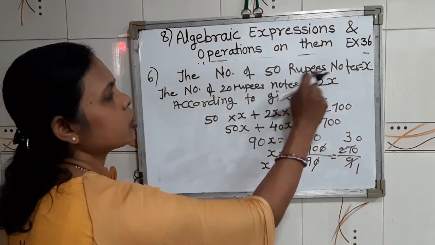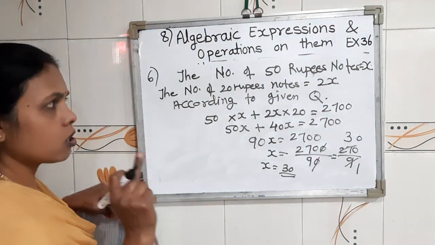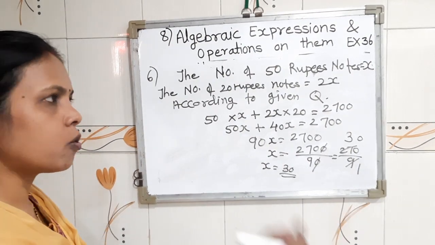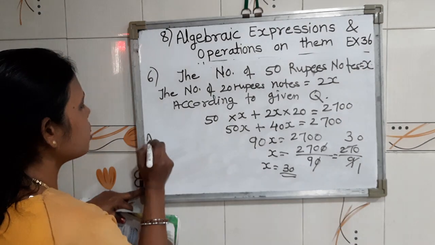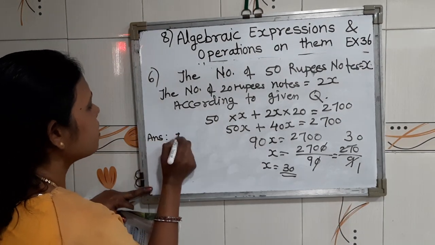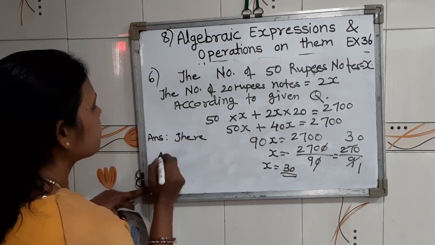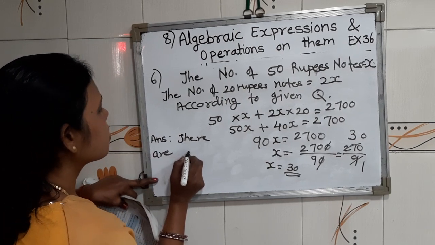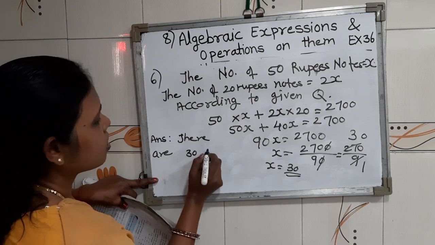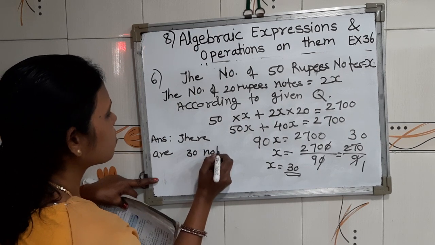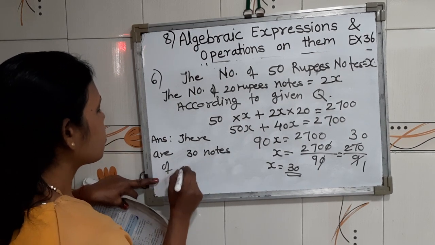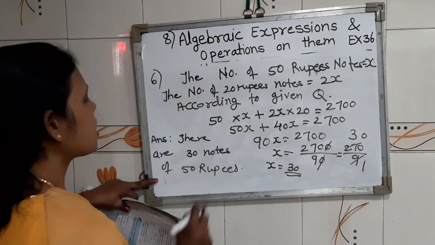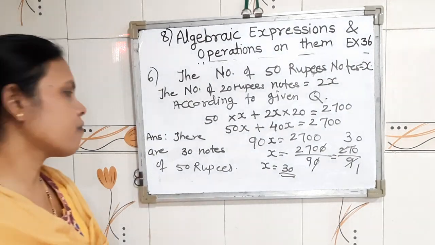So children, what is x? x is the 50 rupee notes, right? And your question is also asking how many 50 rupee notes are there? Therefore, write down in the answer, there are 30 notes of 50 rupees.